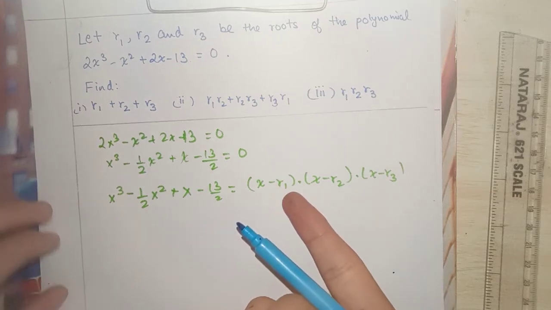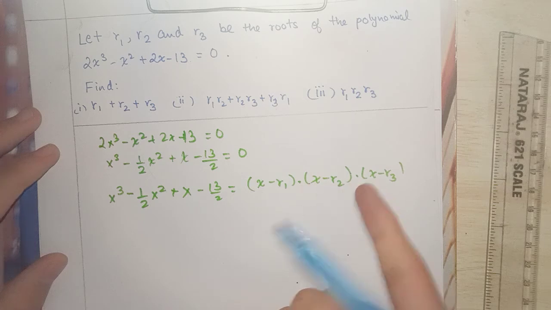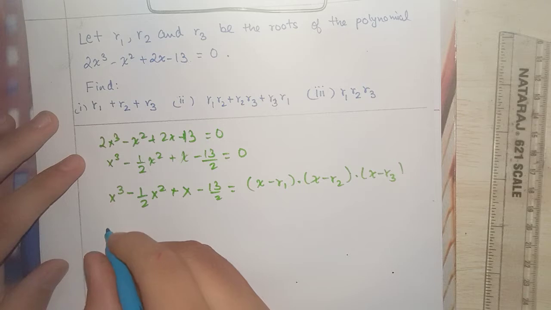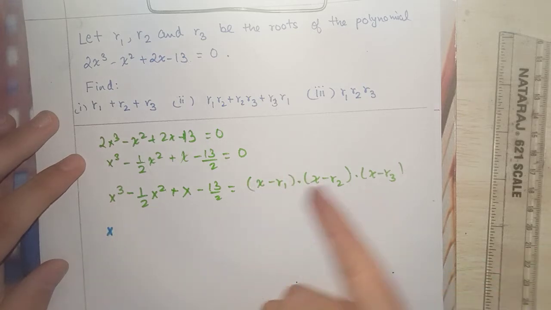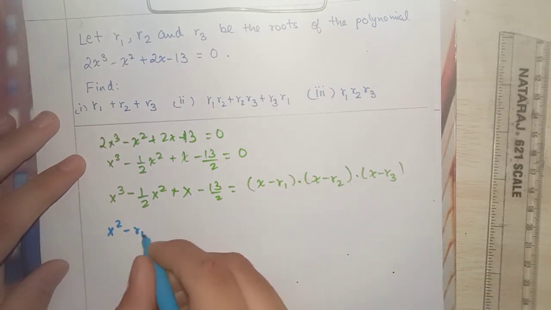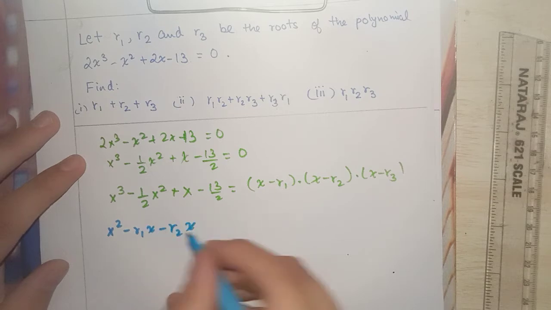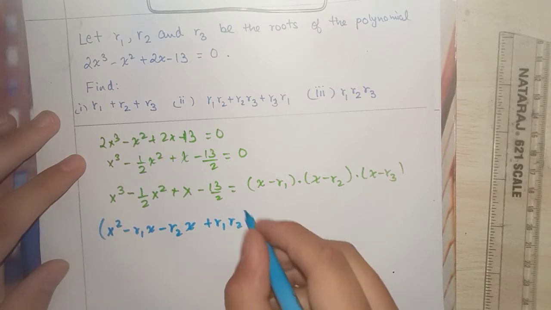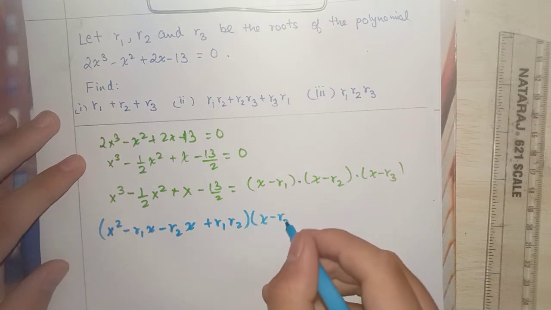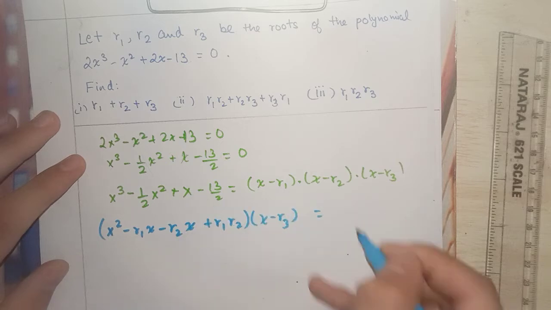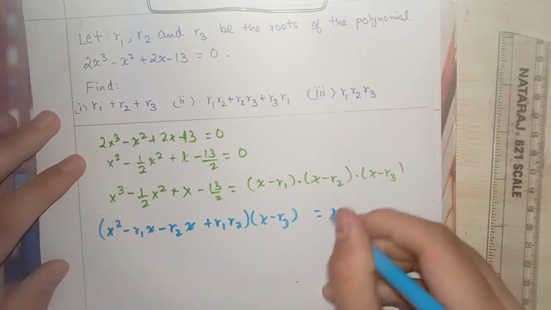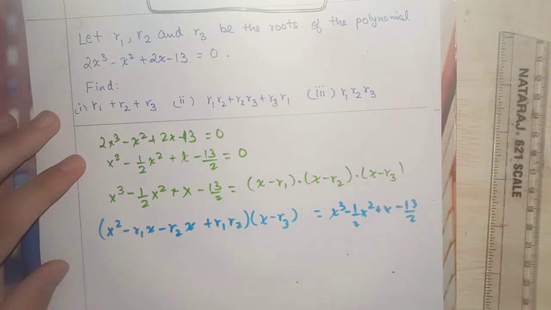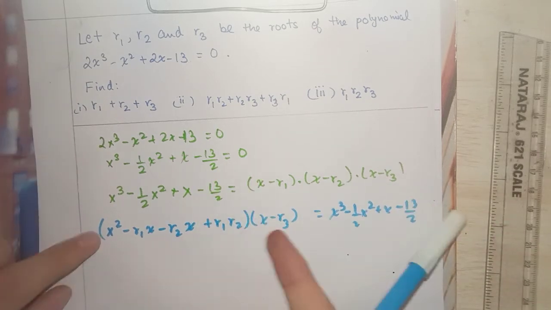Now, as we did in the second degree polynomials, we will expand this. So on expanding, let me swap the sides. First these two: x squared minus r1x minus r2x plus r1 r2, times x minus r3, and this is equal to x cubed minus half x squared plus x minus 13 halves. Now let us multiply this.